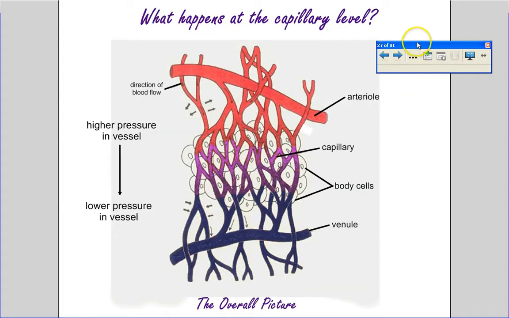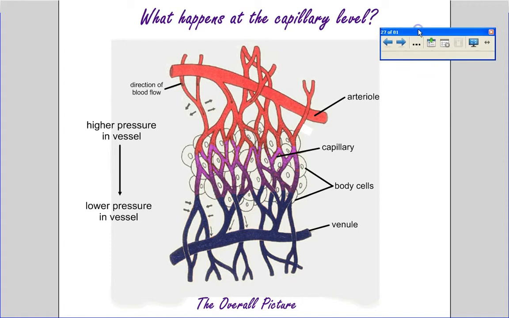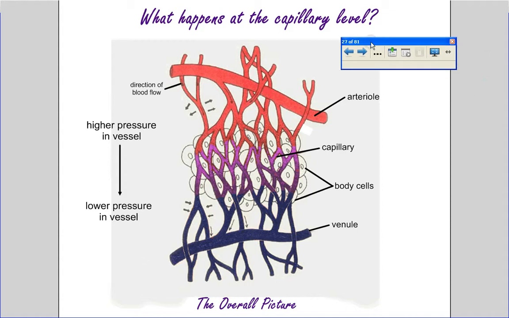So what happens at the capillary level? And you should have this on a handout. Basically, when blood leaves your heart, it's under a tremendous amount of pressure because the heart is pushing the blood out through a vessel.